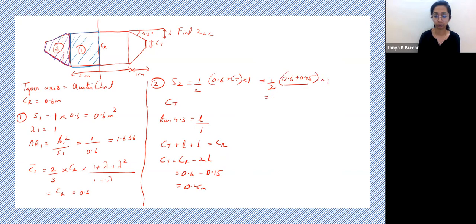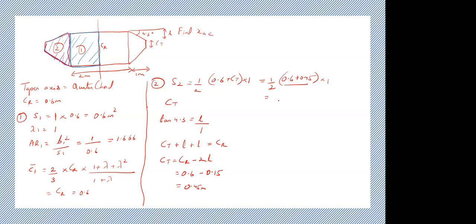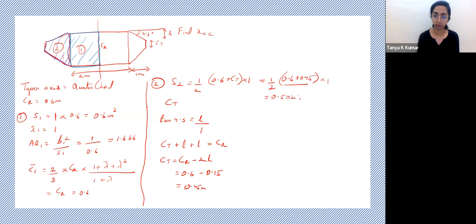How much is the value? Point 5025. 5025 meter square. Okay. Next, what do we get for lambda 2? Just put this separately.